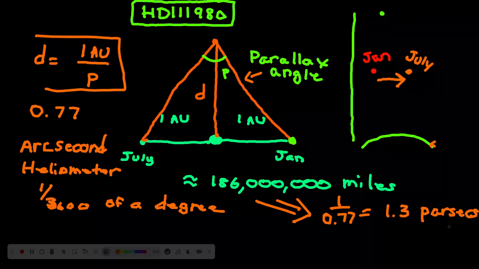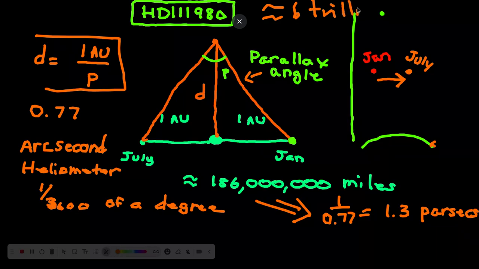Now, what's a parsec? Well, a parsec is equal to 3.26 light years. And again, a light year is how far light will travel in a year. And basically, it's a little more, but it's about 6 trillion miles. It's less than that, actually.